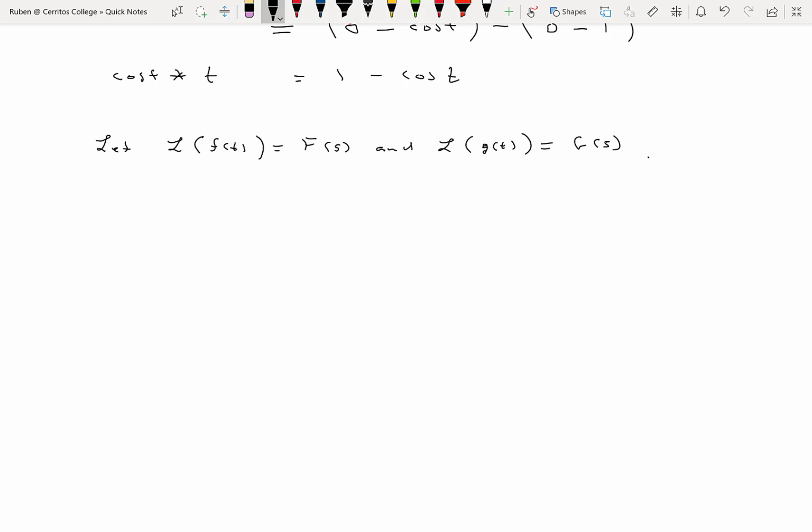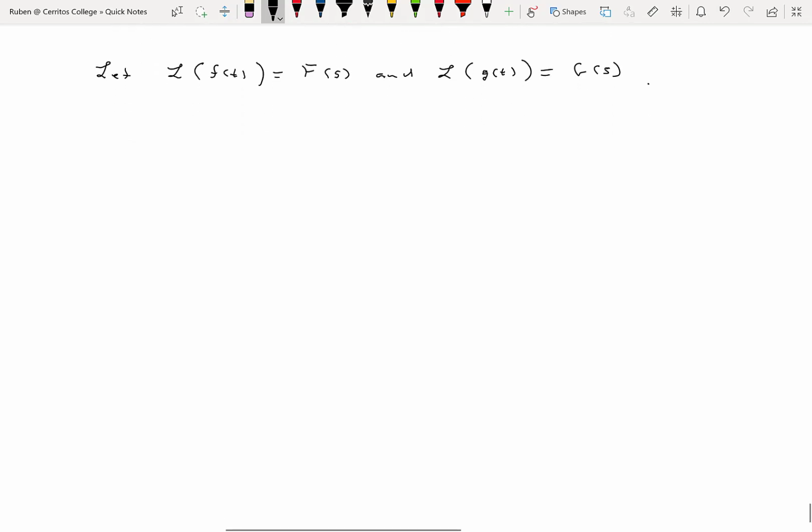All right. Okay, so let's find an expression for the Laplace transform of f of t convolved with, or star, g of t.